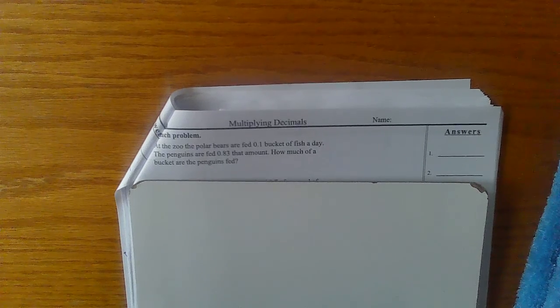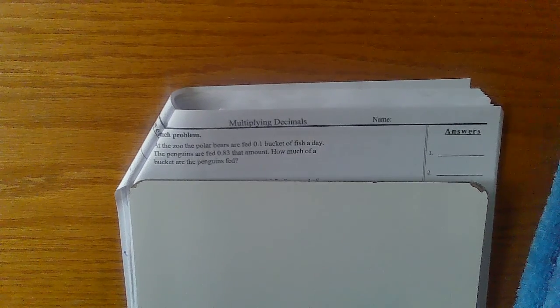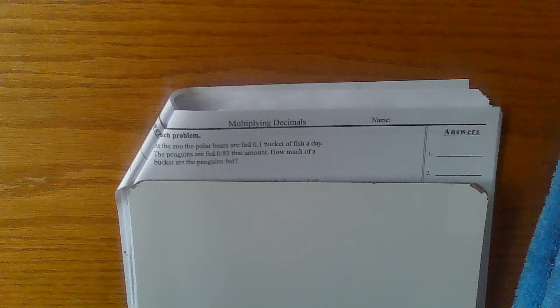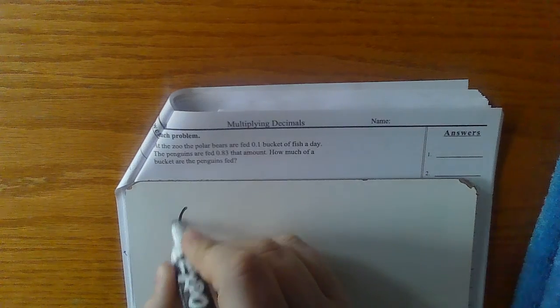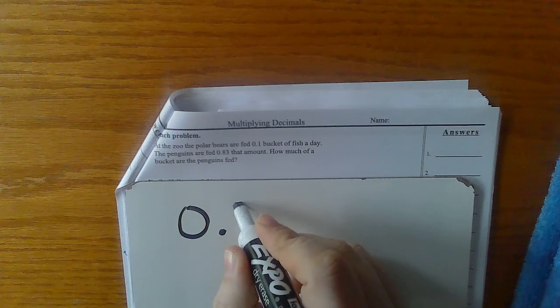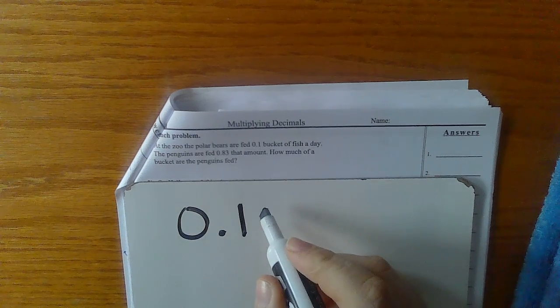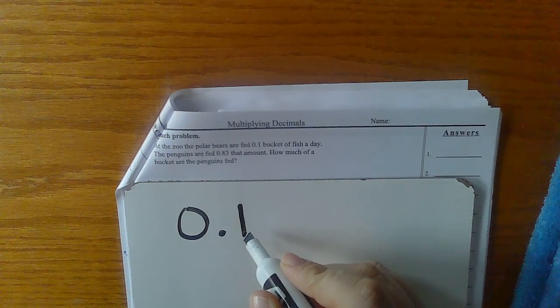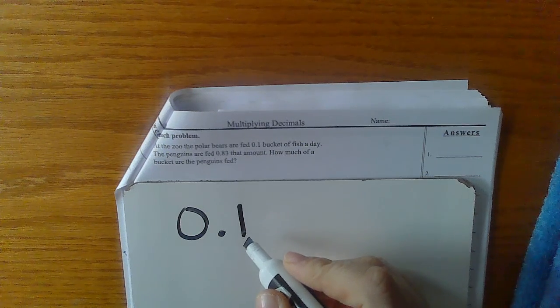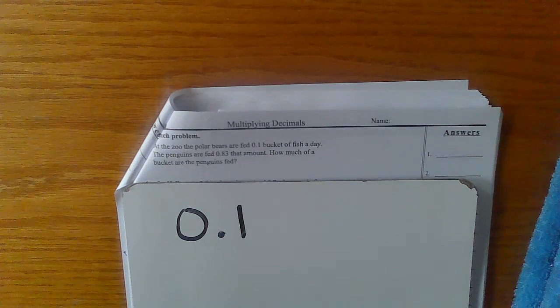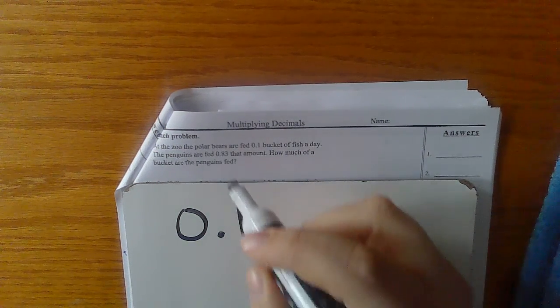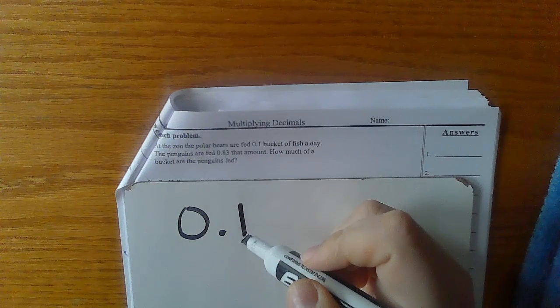So they have a part of what the polar bears get, because polar bears are going to eat a lot more than penguins. So this is what the polar bears were eating, which is really the same as 10 hundredths, but the penguins are getting almost a whole amount, because if I rounded, that's really close to 1.